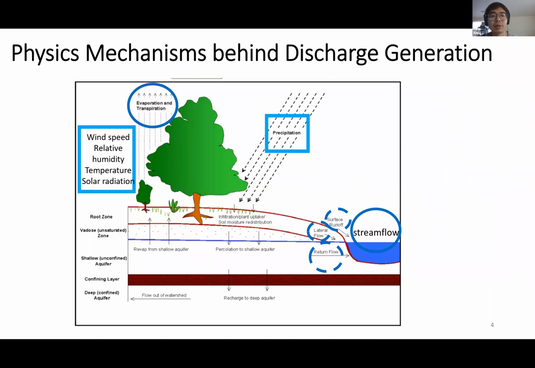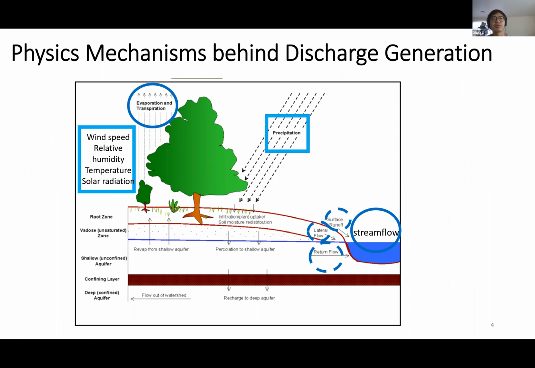Let me give a brief overview of the terrestrial hydrological cycle and how stream flow is formed. This slide shows a basic and general physical mechanism for discharge generation. To model and understand our hydrological cycle in one framework, the drivers for stream flow generation include meteorological data like wind speed, relative humidity, temperature, and solar radiation.